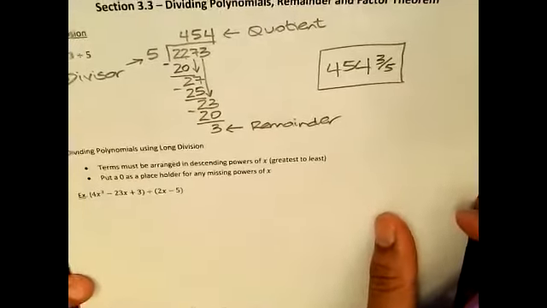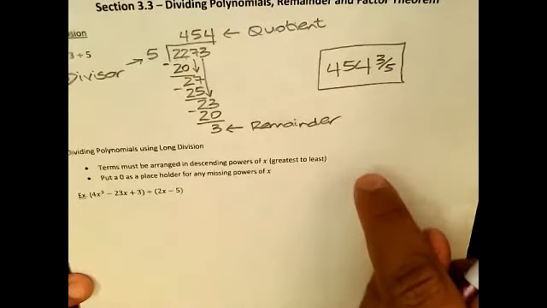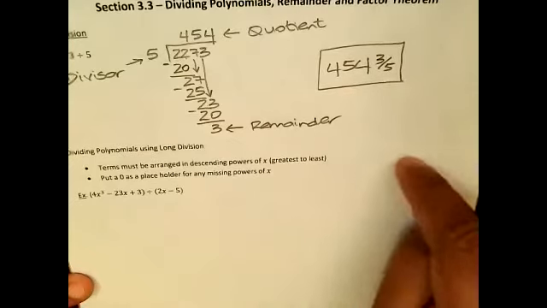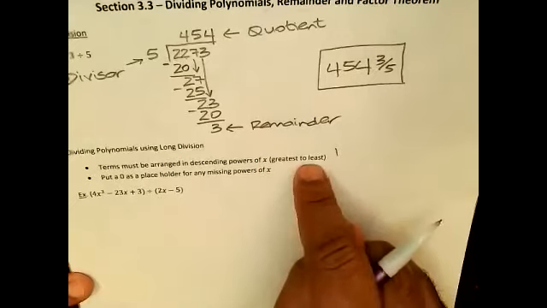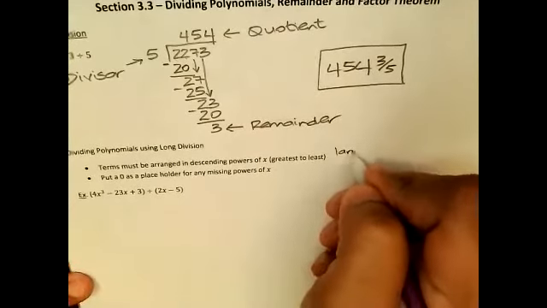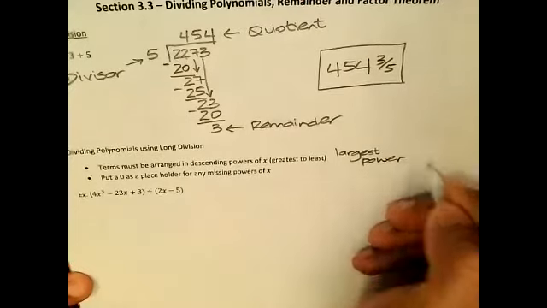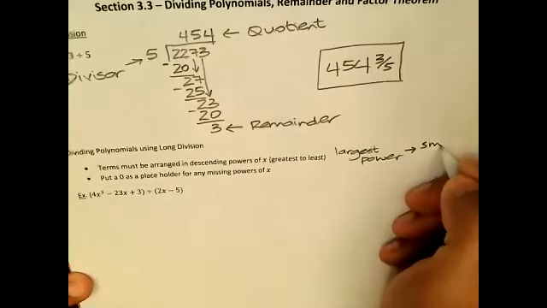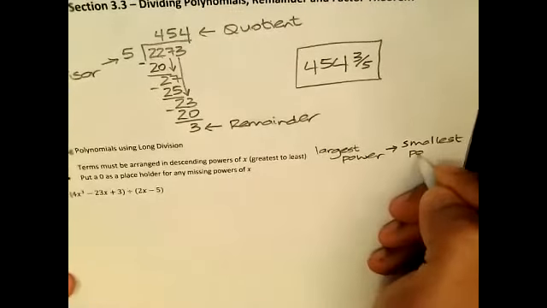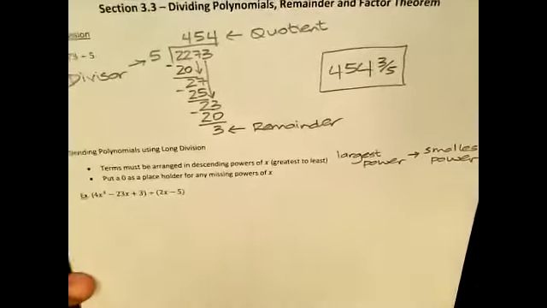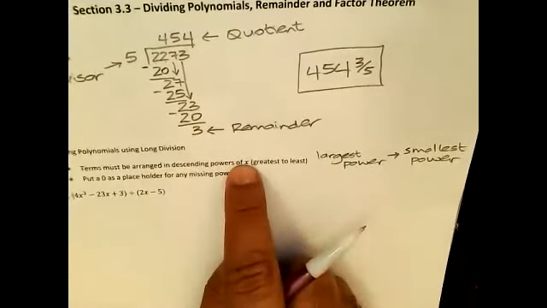What I mean by that is you have to have the largest power first, and then you go down from there, from greatest to least, from the largest power down to the smallest power. So that's the first thing we have to check, to make sure the powers are arranged properly.